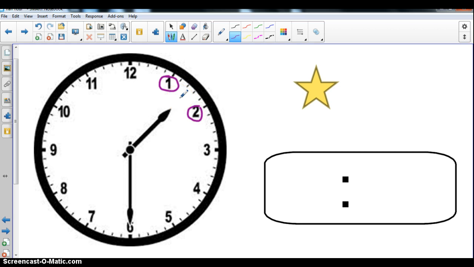And if I think, I know I say the smaller number, so is 1 the hour or is 2 the hour? Then look at the long hand. The long hand's on the 6, and think about what we say. I'll give you a minute. I want you to write the time that you think that this clock shows.